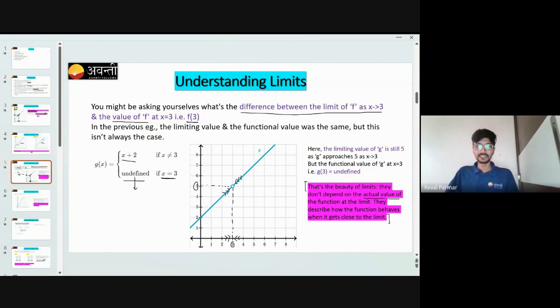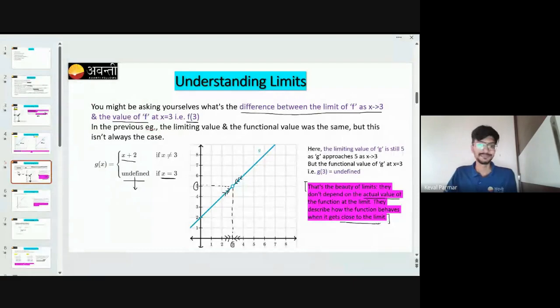Basically, they describe the function as we get close to that limit. As we move forward, it is going to be more interesting, and as we learn the graphs, we will see how we can use limits.